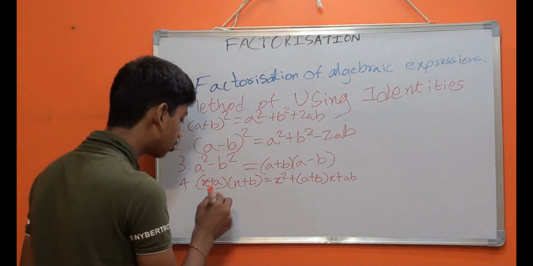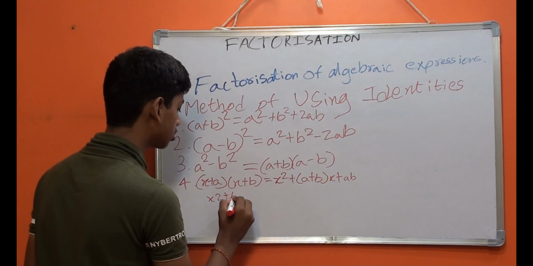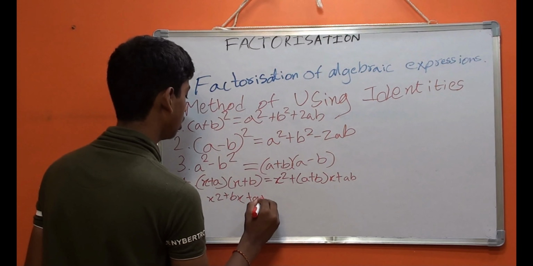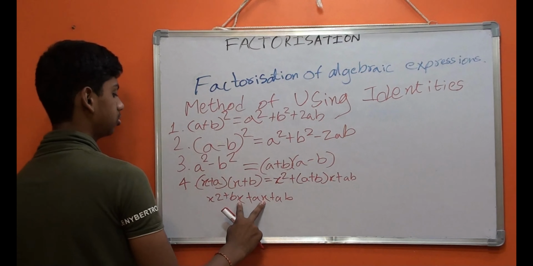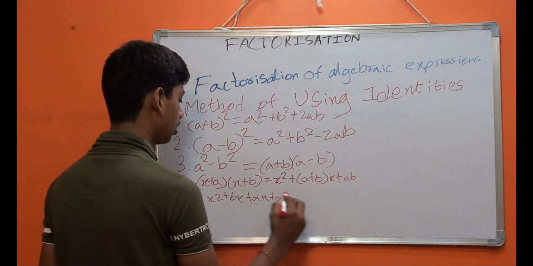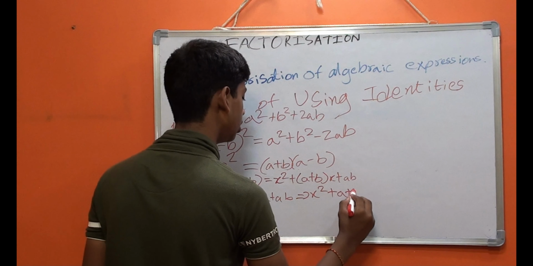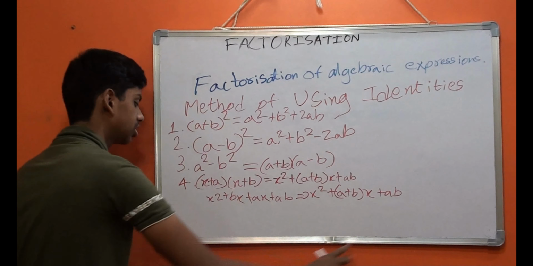So here x into a, x square, x into b, which equals bx, then a into x, ax, and plus ab. Here these two terms have x in common, so we will take that as common and write it as x square plus (a plus b) into x plus ab. So this is the answer.